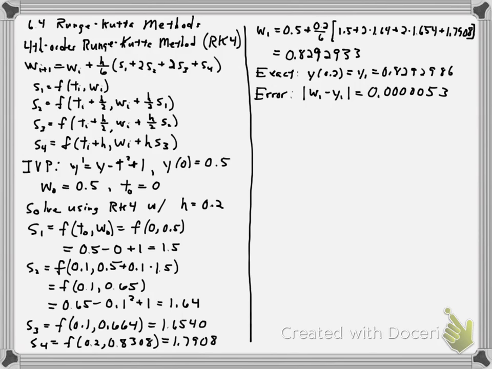So this is a pretty small error considering we have a step size of 0.2. If you recall using a step size of 0.2 for Euler's method, our error was much bigger. And for the explicit trapezoid method, it would be too big as well.